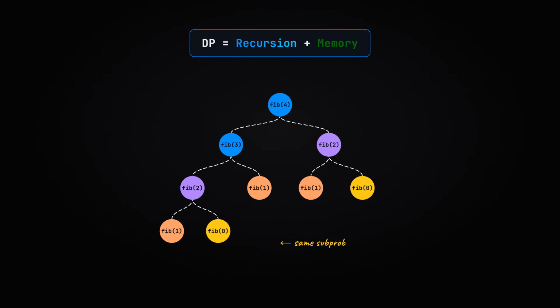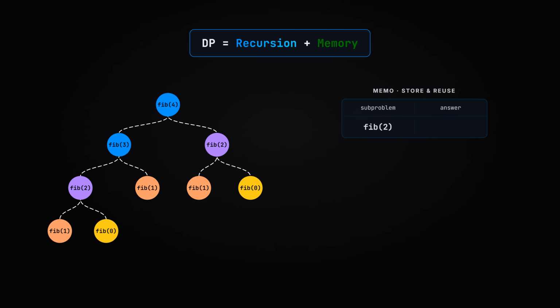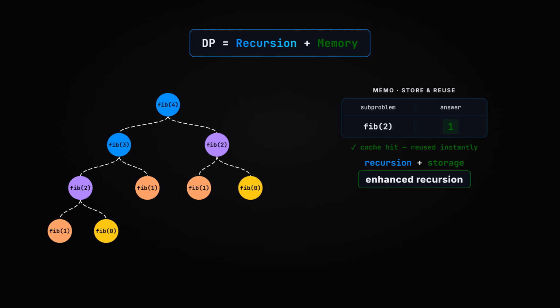The issue is that recursion often solves the same subproblems again and again. Dynamic programming fixes this. Instead of recomputing those subproblems, we simply store their answers and reuse them whenever they are needed again. That is all it really is. Recursion plus storage. Or in other words, dynamic programming is enhanced recursion.